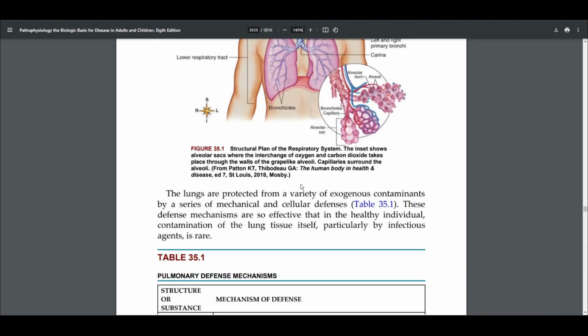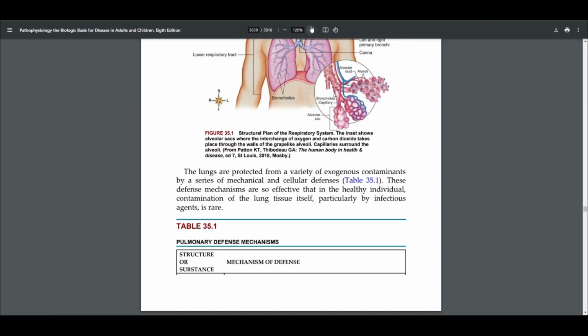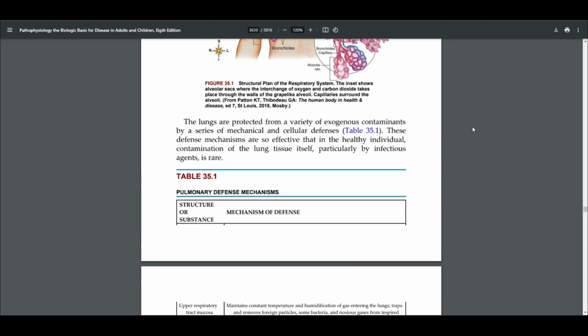These defense mechanisms are so effective that in the healthy individual, contamination of the lungs itself, particularly by infective agents, is relatively rare.